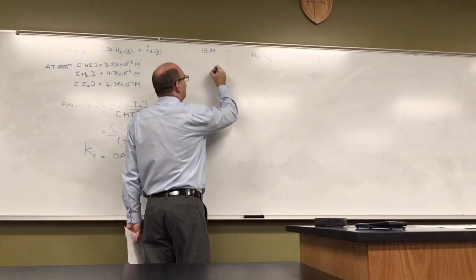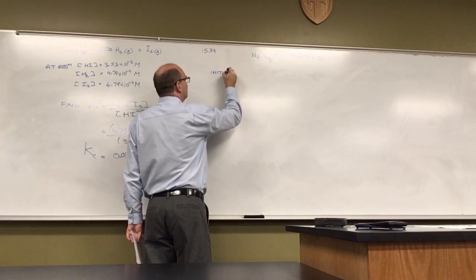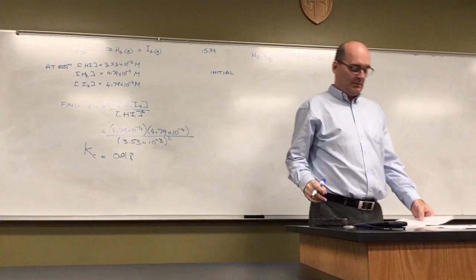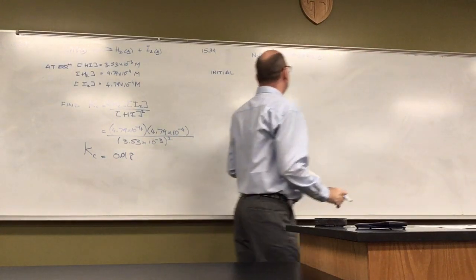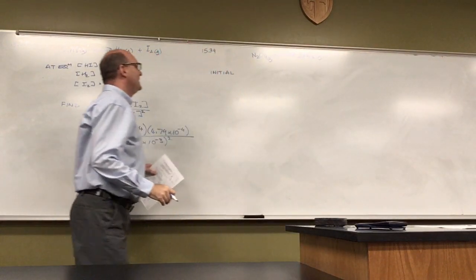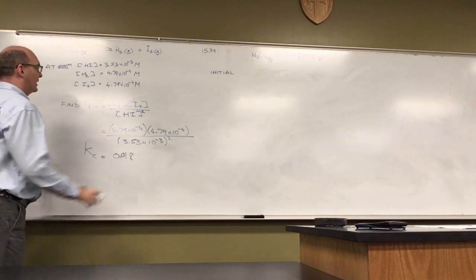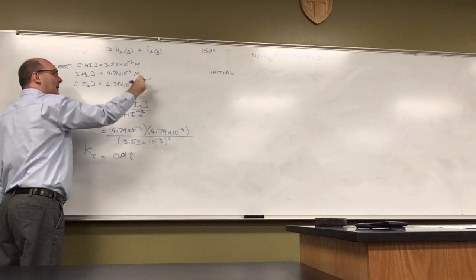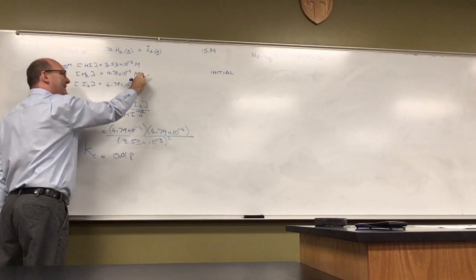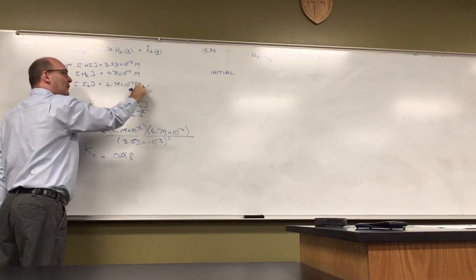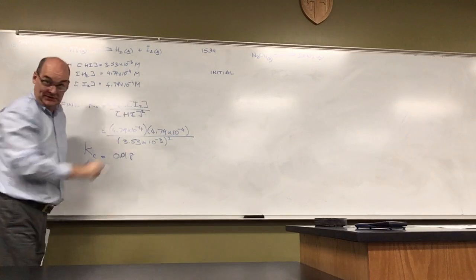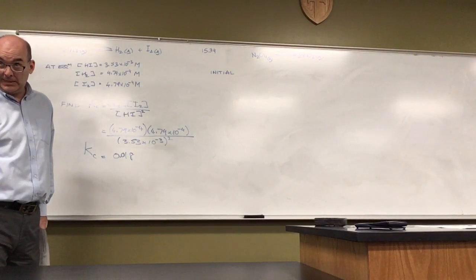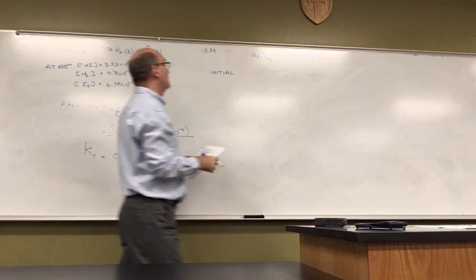Here's what we're going to set up. We're going to write underneath our balanced equation what the initial concentrations are. And I'm going to leave this one up because it's the same thing that I'm talking about. It is not coincidence that both of those numbers turned out to be the same number, because they have to be equal to one another.